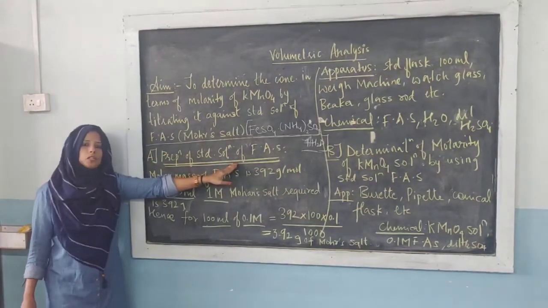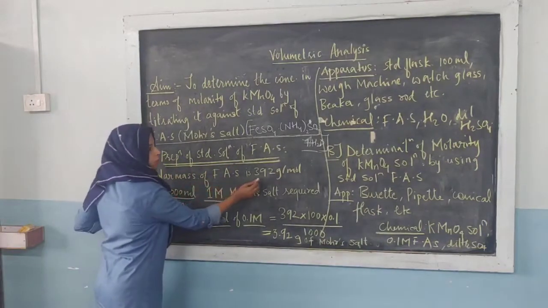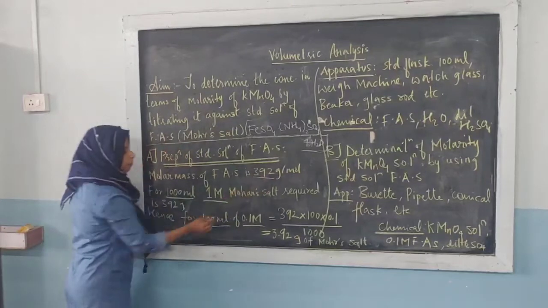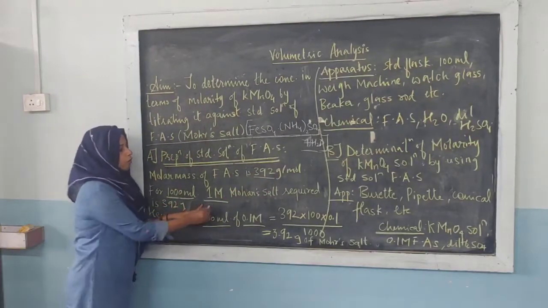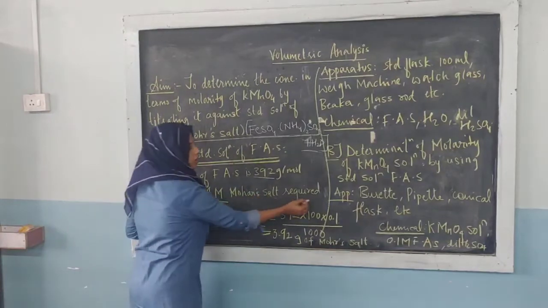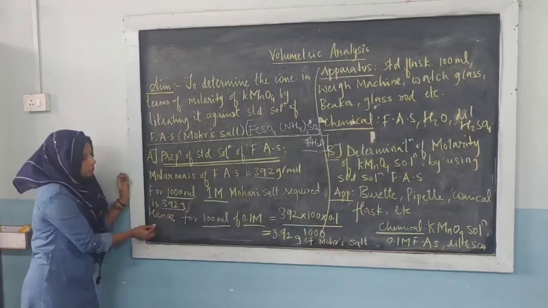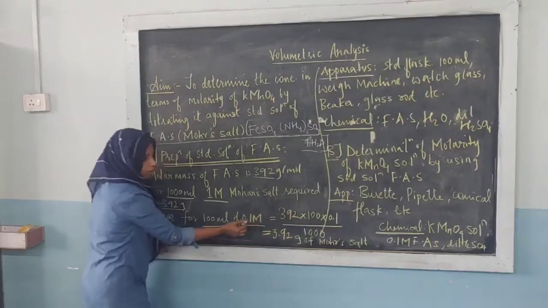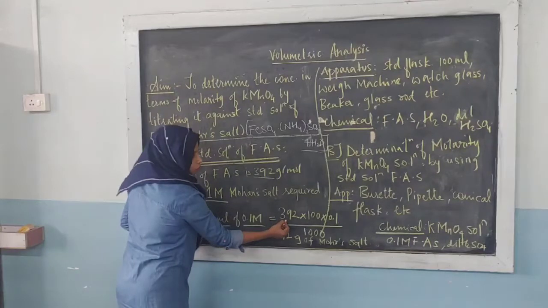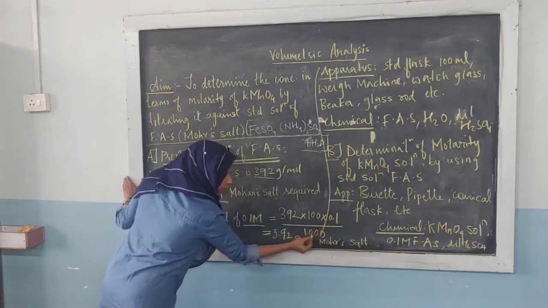Before starting preparation of this, first we'll see molar mass of ferrous ammonium sulfate is 392 gram per mole. So for 1000 ml of 1 molar Mohr salt will require 392 gram. So for the preparation of 100 ml of 0.1 molar, we will have 392 into 100 into 0.1 divided by 1000.